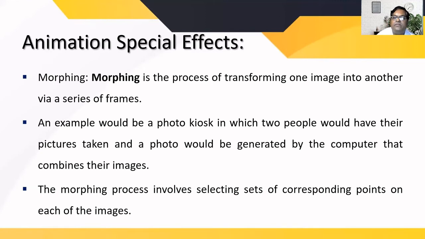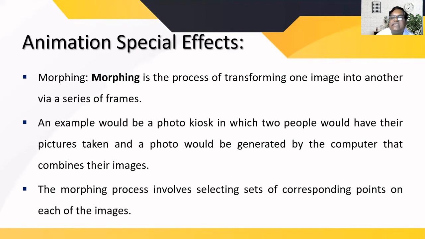For example, in a kiosk, two people's photos can be combined to generate a blending of images, showing how the first image turned into the second image. That type of animation is called morphing.